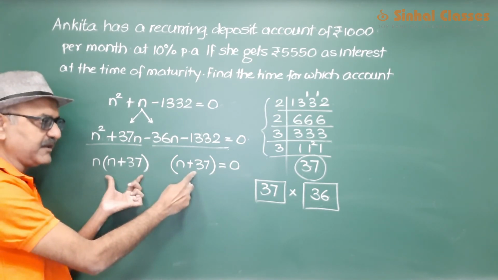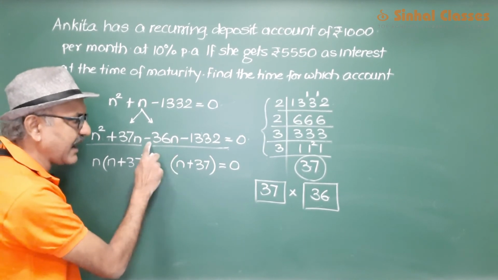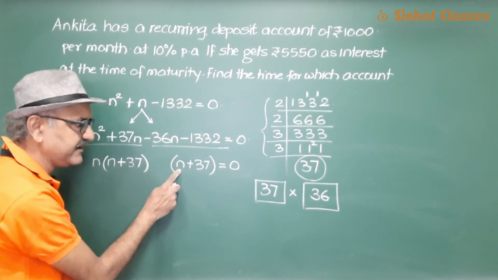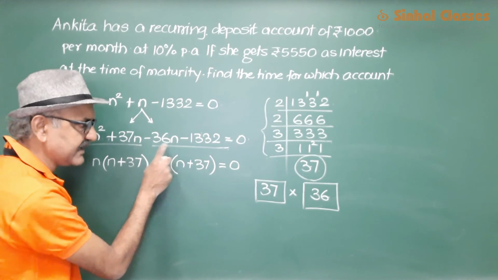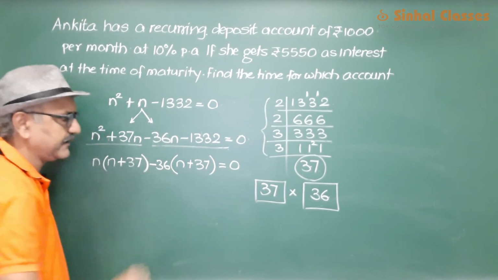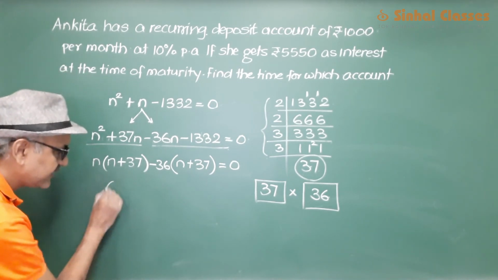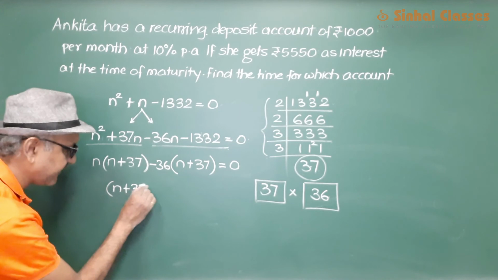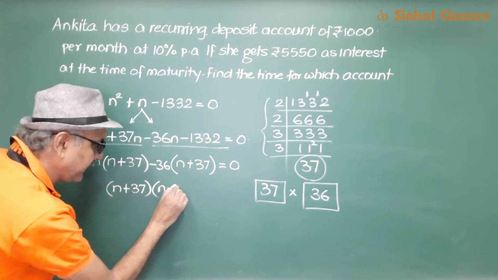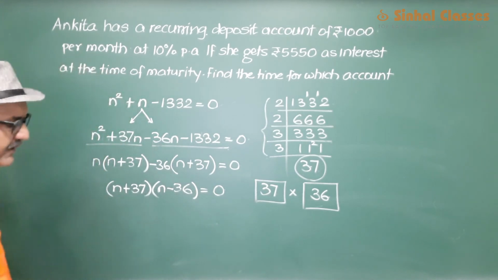Repeat the same bracket here and then go in the reverse way. Now think, you want minus 36n, out of which n is already inside. So put minus 36 outside the bracket. This is another, easier way of taking common. So you will get n plus 37 times n minus 36 is equal to 0.